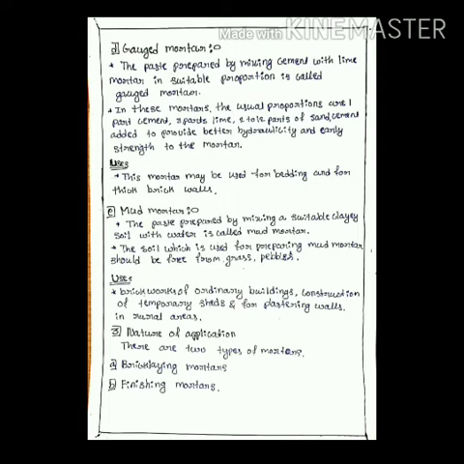In this mortar, usual proportions are 1 part of cement, 3 parts of lime and 2 to 12 parts of sand. Cement is added to provide better hydraulicity and early strength to the mortar. And we use this gauged mortar for bedding and for thick brick walls.